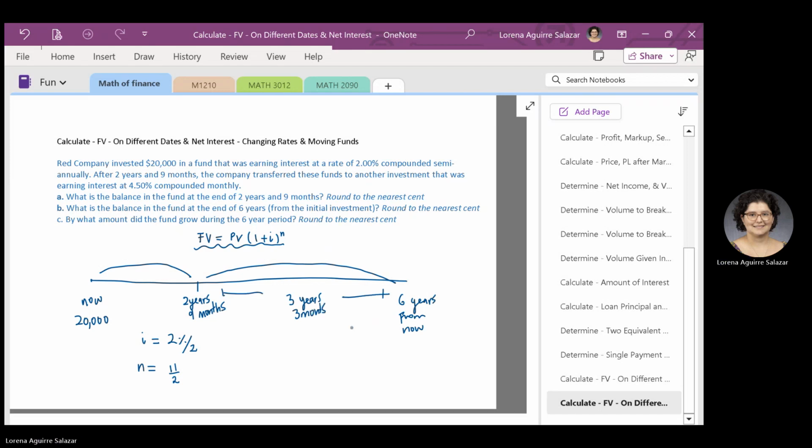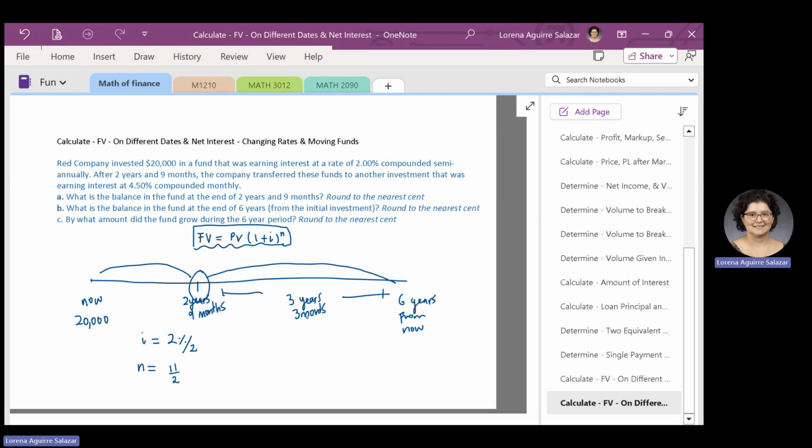Then we analyze what happened with the funds by using this formula again, but then we used the value of those $20,000 after 2 years and 9 months as the principal value.